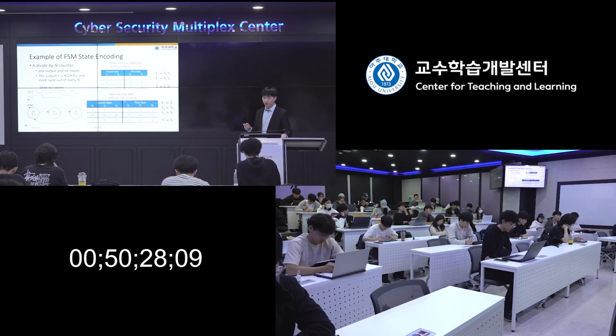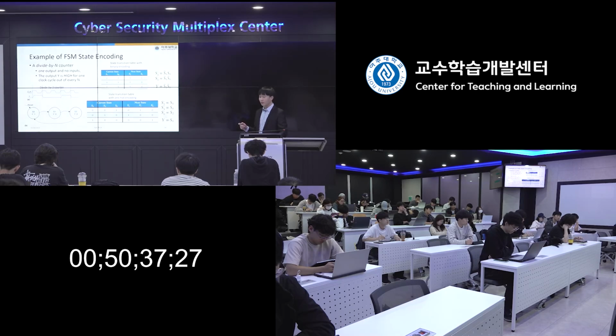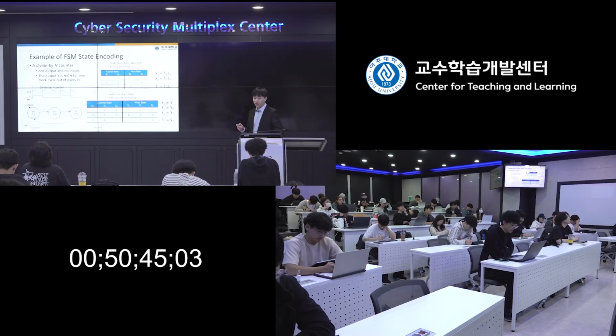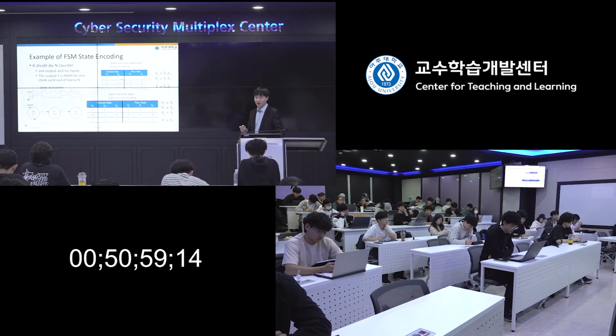In this case, for the binary encoding, we can just update the state transition table easily. For the one-hot encoding, it's a little bit different, okay? If you look at here, in the binary encoding, from the encoded state transition table, we can easily write down the Boolean equations. For example here, S1 prime equals, we just use the minterm, which is S1 bar, S0 bar, and put it here, right?